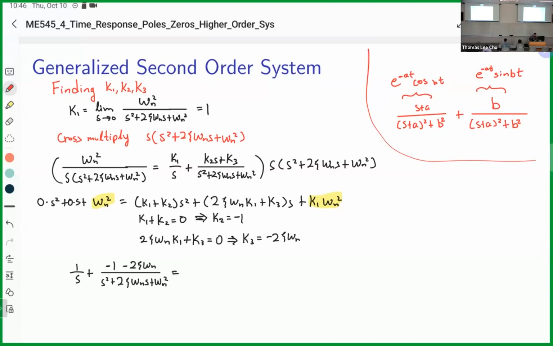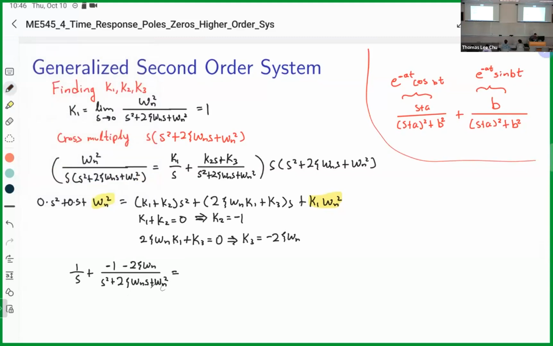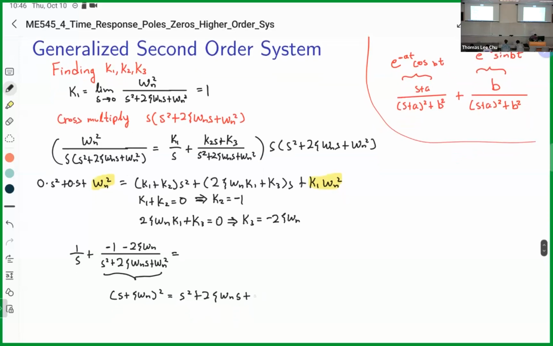All right, so here we have 2 zeta omega n, and when we factorize that, we can get this bottom here to be (s plus zeta omega n) squared, which is going to be equal to s squared plus 2 zeta omega n s plus (zeta omega n) squared.